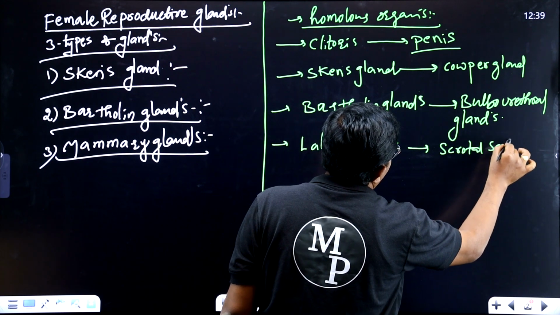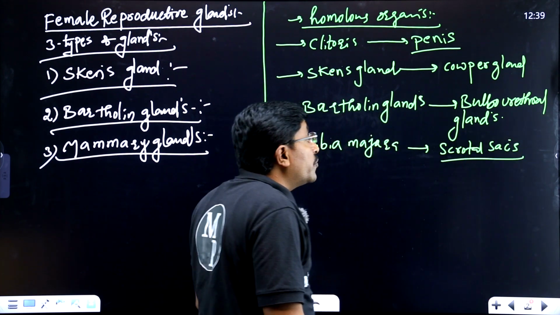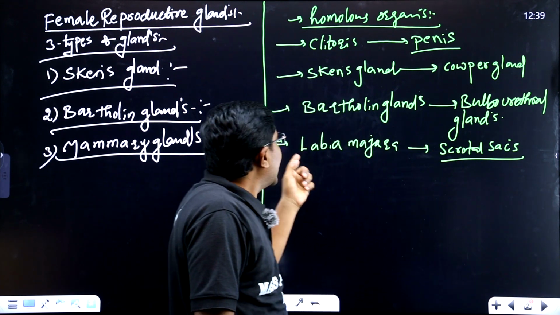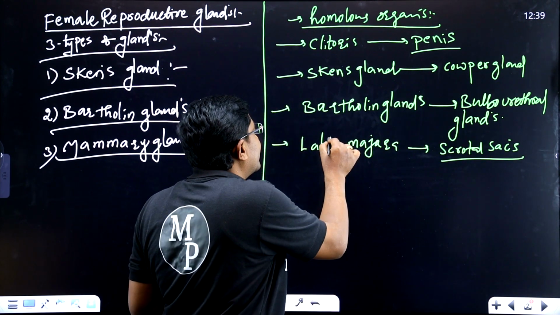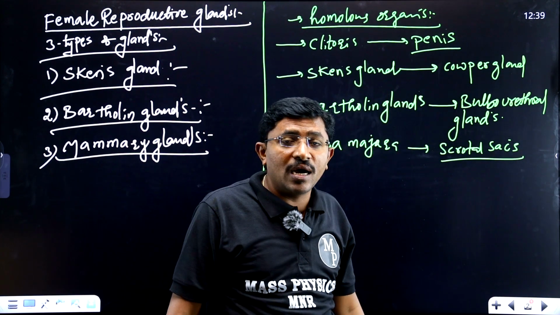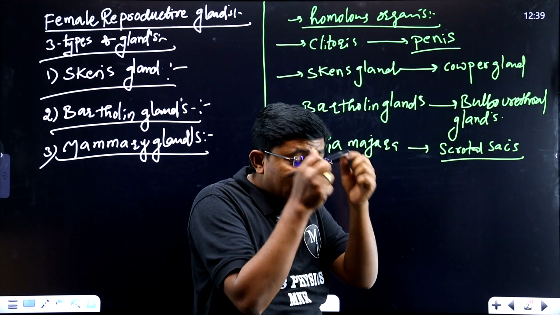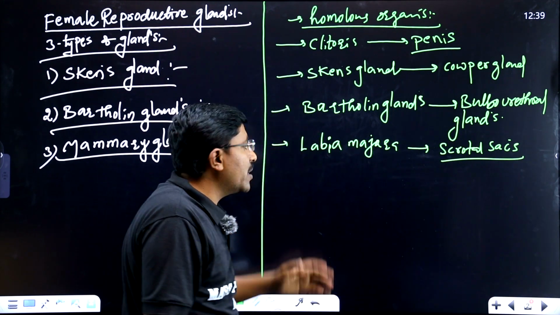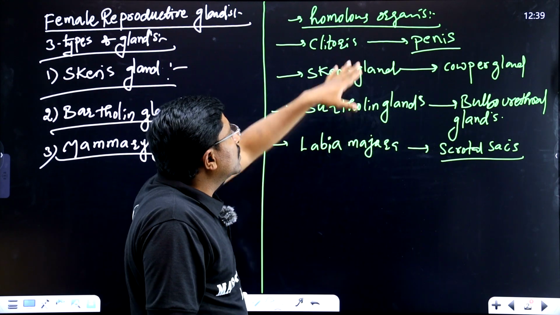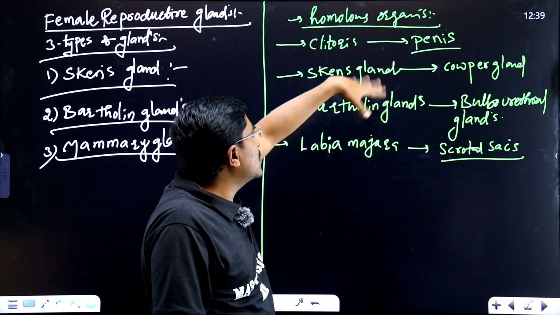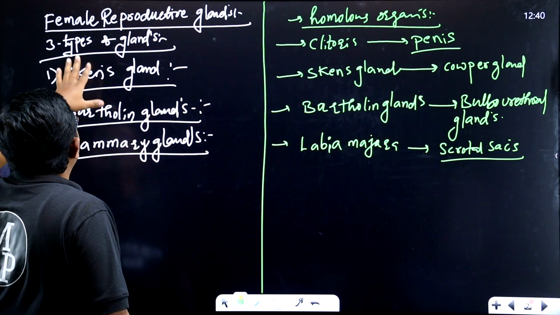The reason is that inside the scrotal sacs the testes are protected, and inside the labia majora the total vulva, the female external genitalia, is protected. So these are some important homologous glands and organs.